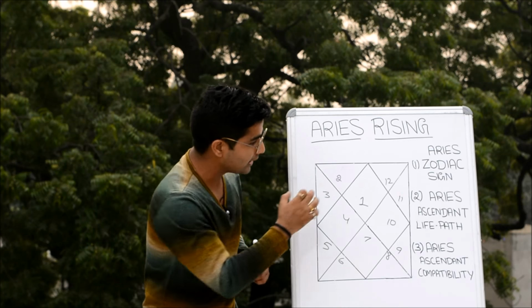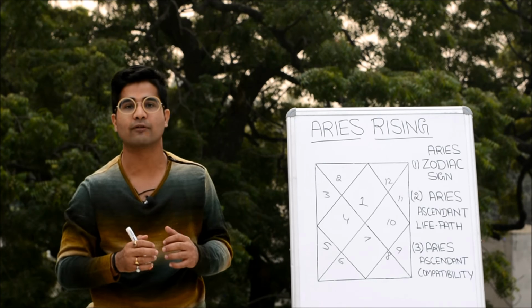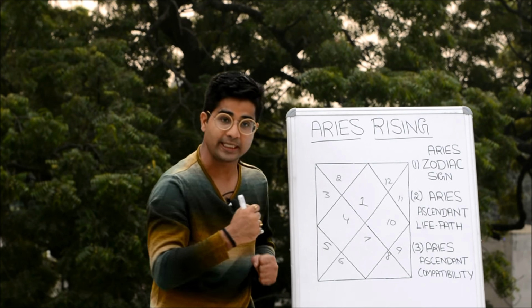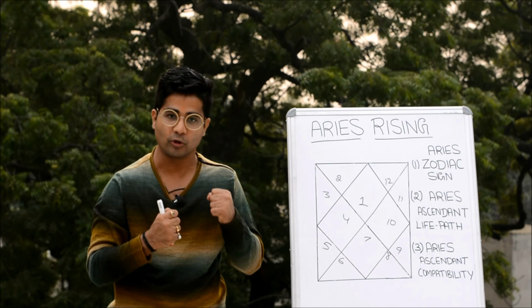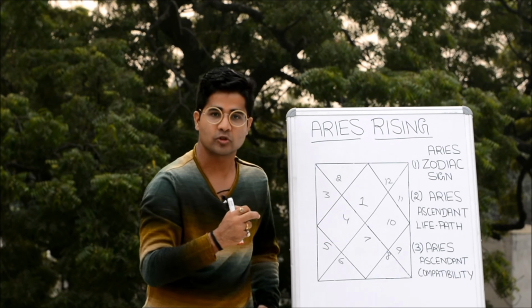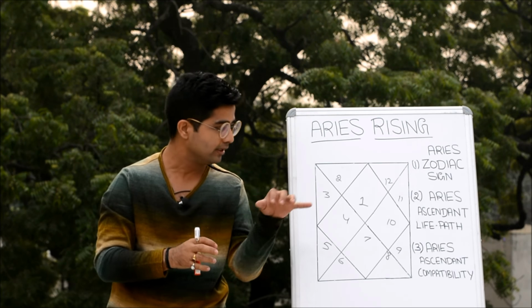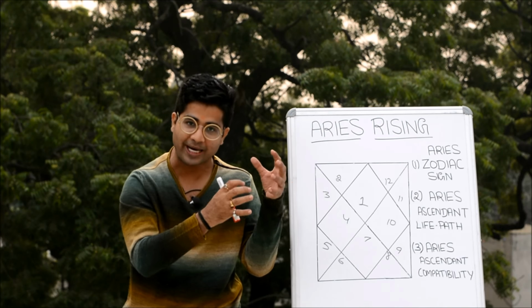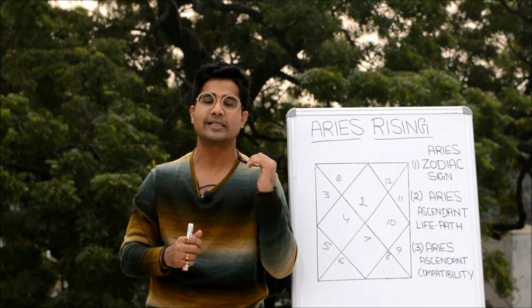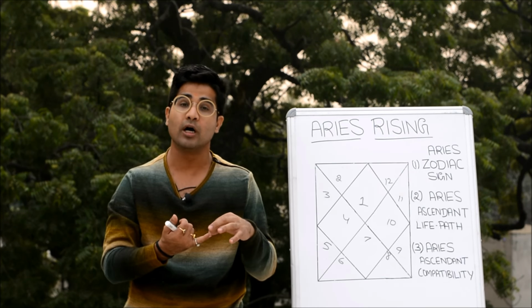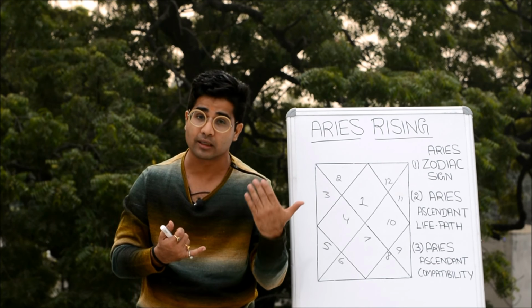As you know, the first house is about the physical self, and with the very impulsive, go-getter zodiac sign Aries rising on someone's ascendant, the person's physical body will have the constitution and imbibe the qualities of the Aries sign. So these people look very young compared to their age.